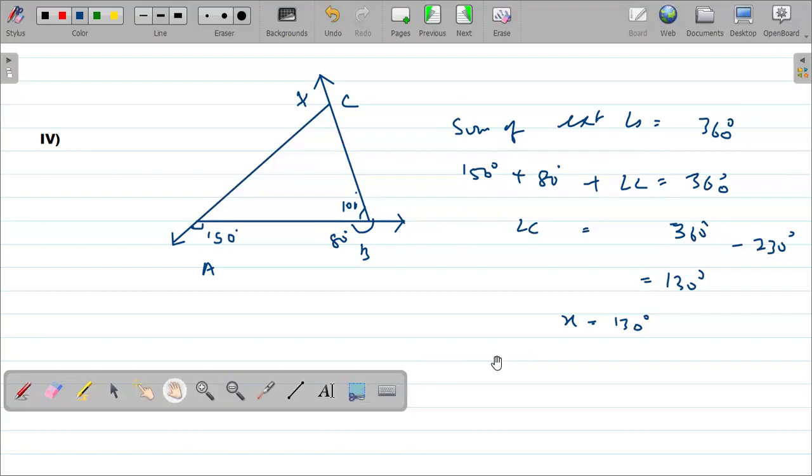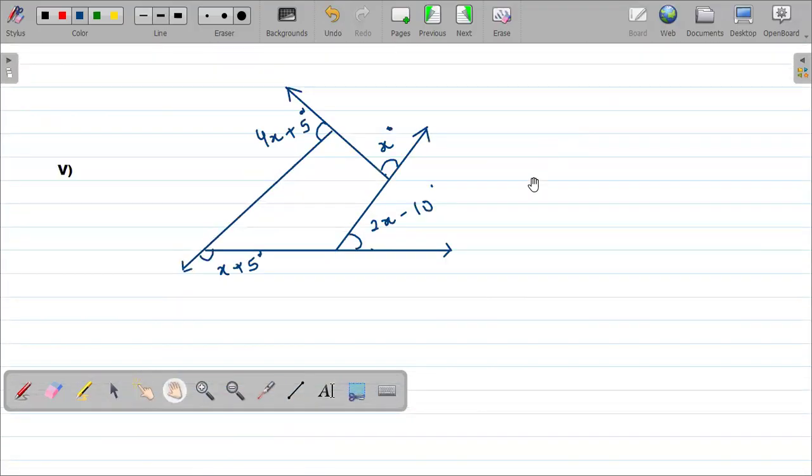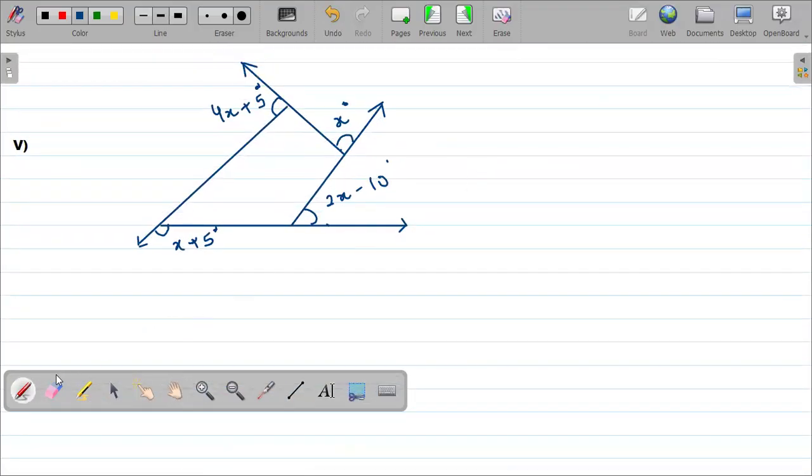Let's move further. Fifth. So for the fifth part, we will be writing what? Let's name it first A, B, C, and D. So angle A plus angle B plus angle C plus angle D equal to 360 degree. We will be writing sum of exterior angles.